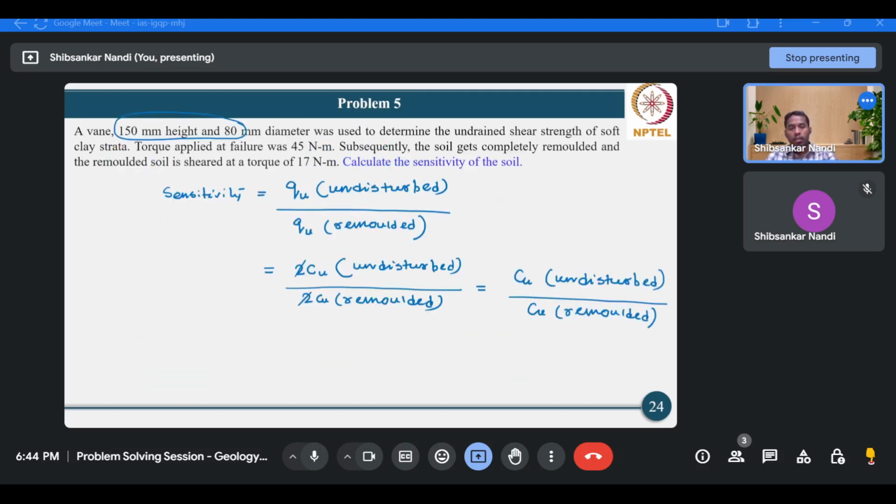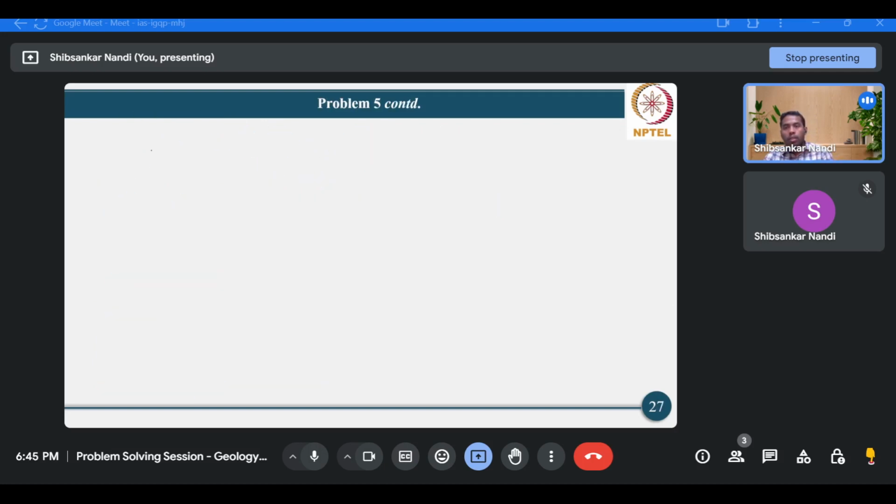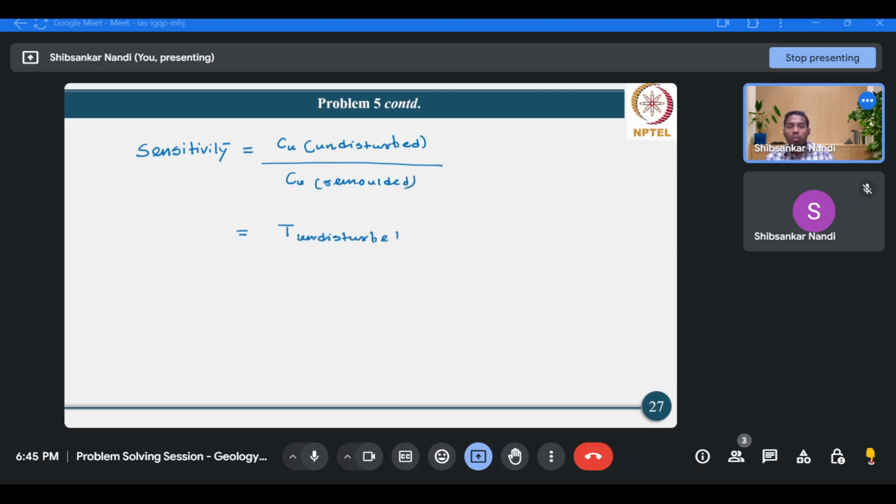If this is the case, then your sensitivity, what we have defined earlier as cu undisturbed by cu remolded, will now take the form torque undisturbed by torque remolded.